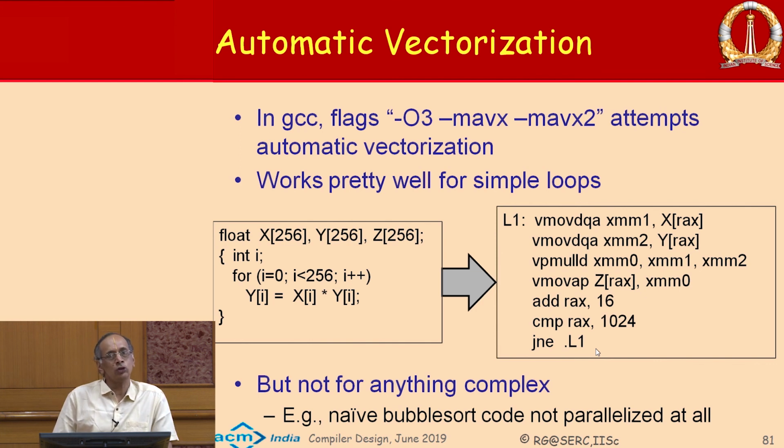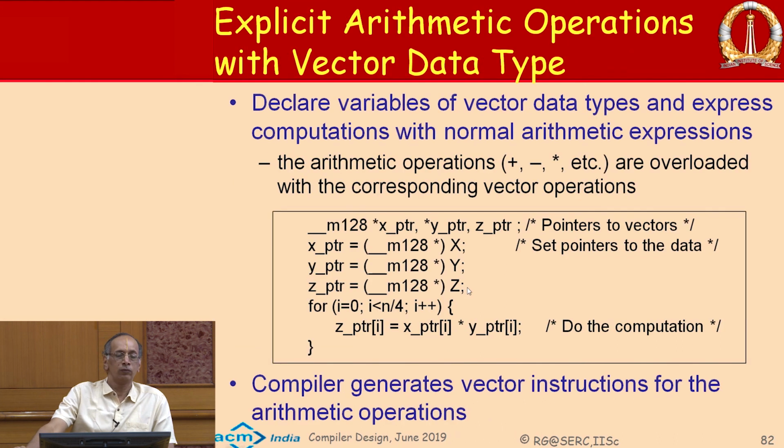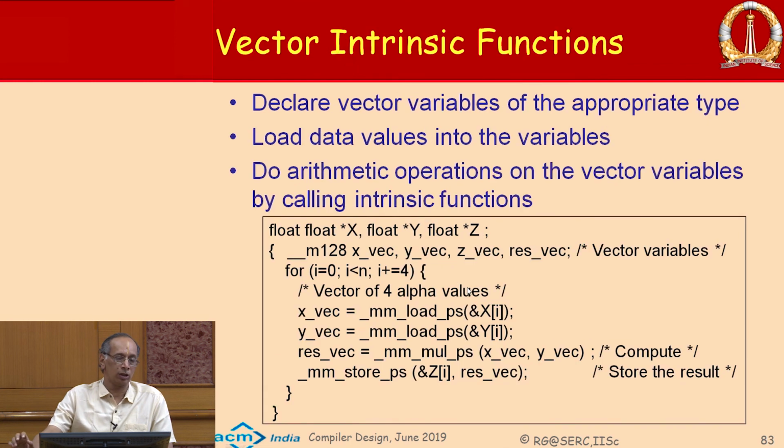Similarly, whenever there is a new feature that is coming in the architecture, do you want the programmer to know about it and exploit it? Do you want the programmer to write code like this, or do you want the compiler to generate code like this? That is the question, right? So here there is explicit arithmetic instructions or data types, here with intrinsics where he has to generate a lot more code by knowing things.